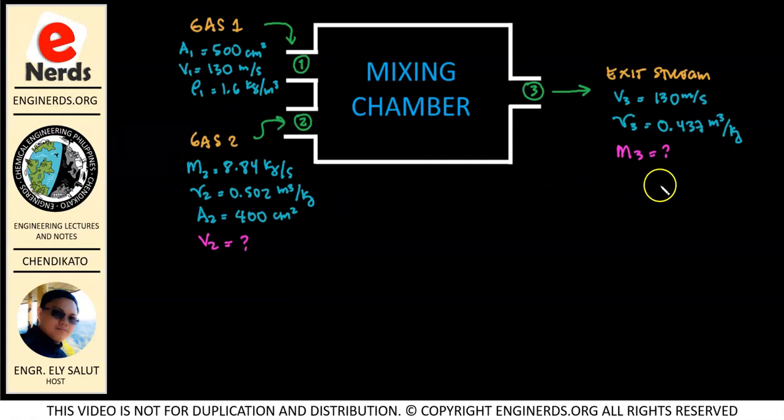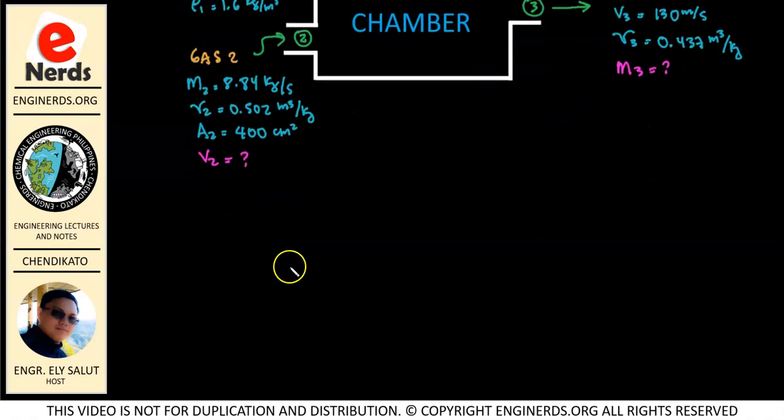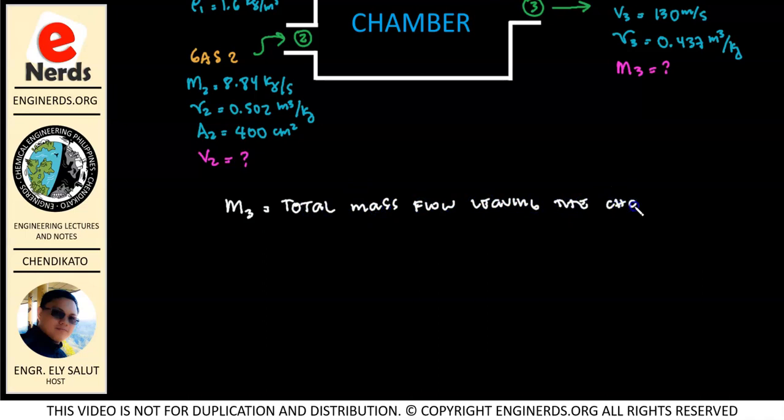Alright, so una na nating hanapin itong M3, which is the total mass flow leaving our chamber, no? So, sulat muna natin yan. So, M3 is the total mass flow leaving the chamber. Okay, so we learned sa previous video natin that in fluid flow, we are applying the law of conservation of mass.